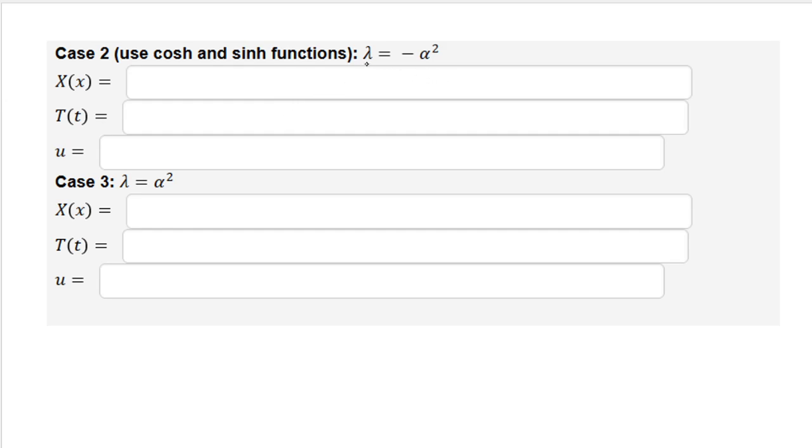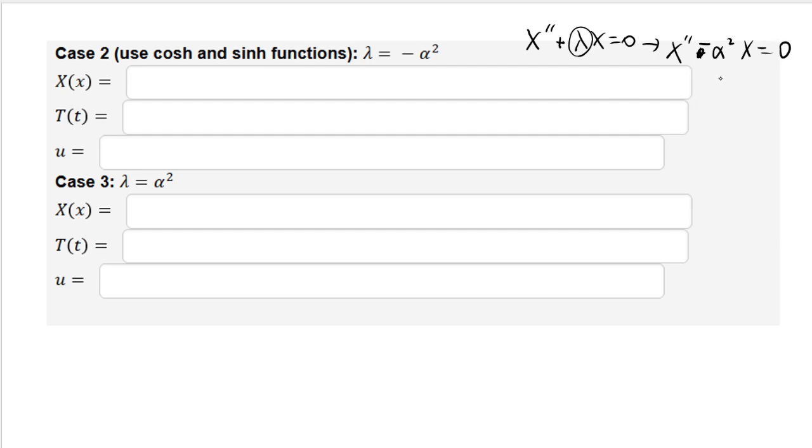Here, lambda is negative alpha squared, so in the equation where we had x double prime plus lambda x equal to 0, instead of lambda you have negative alpha squared, so you get x double prime minus alpha squared x equal to 0.